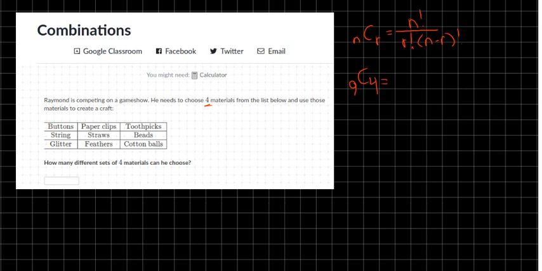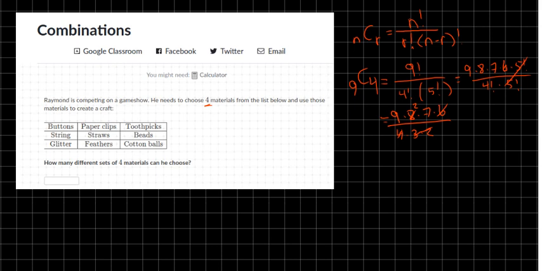So 9 choose 4 is going to be 9 factorial divided by 4 factorial times 9 minus 4, which is 5 factorial. Okay, so that is 9 times 8 times 7 times 6 times 5 factorial over 4 factorial times 5 factorial, and those 5 factorials cancel out there. 9 times 8 times 7 times 6 divided by 4 times 3 times 2 times 1. 3 times 2 is 6, and 8 is 2.